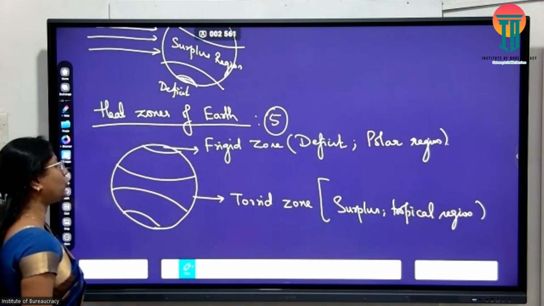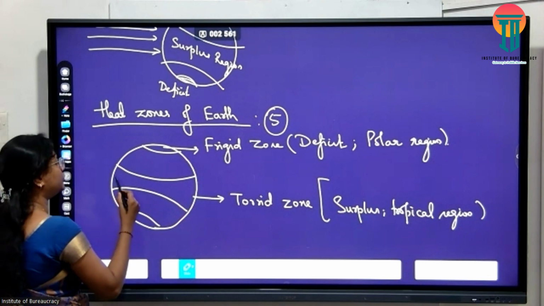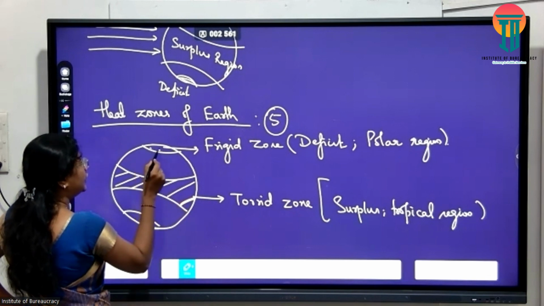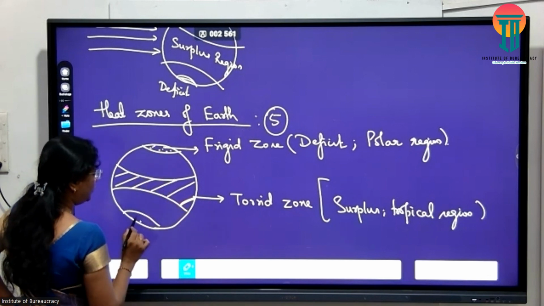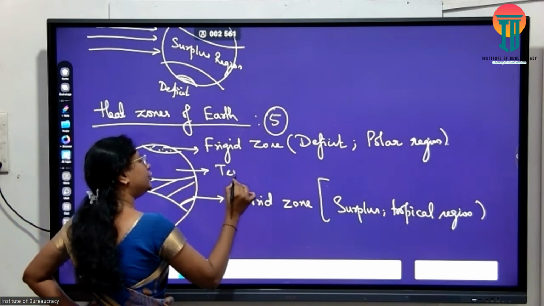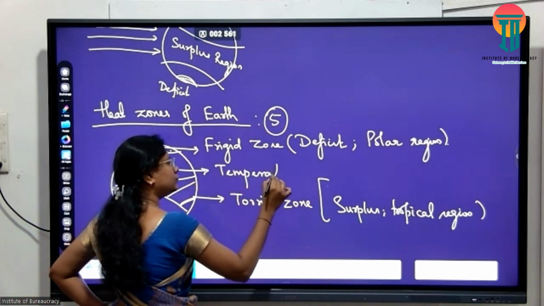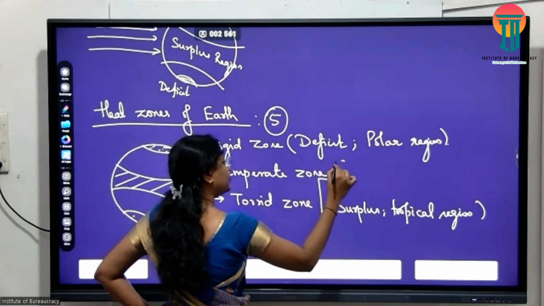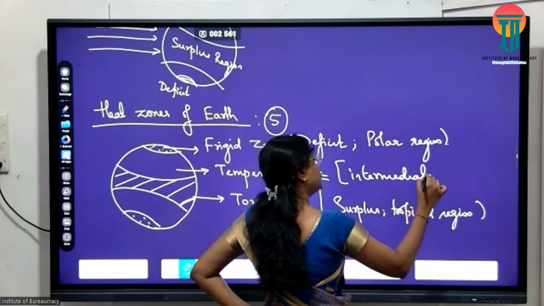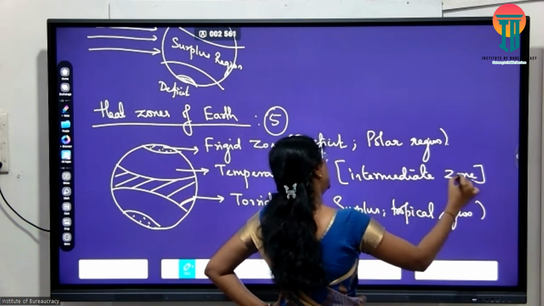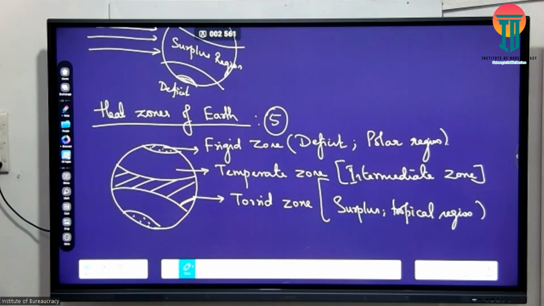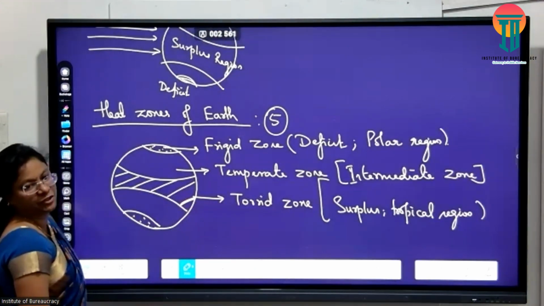So, in between your torrid zone and your frigid zone, this is my surplus and these are my deficit. In between this, we have got another zone known as temperate zone. So, this is an example of an intermediate zone between your energy surplus region and energy deficit region.